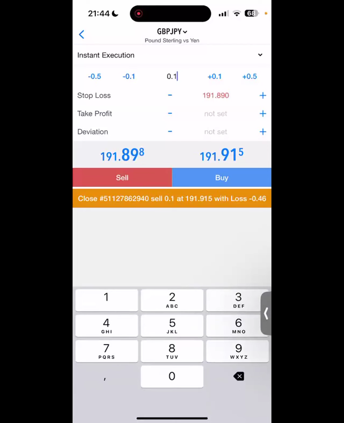We have 0.10, so change that. It's 0.05. No. We were not doing 10. Remove the stop loss. So click sell. Let's see.